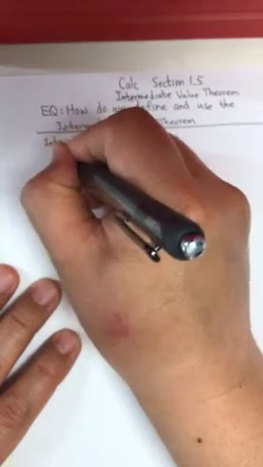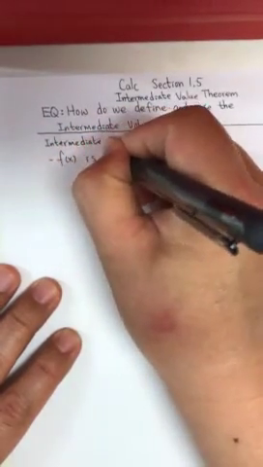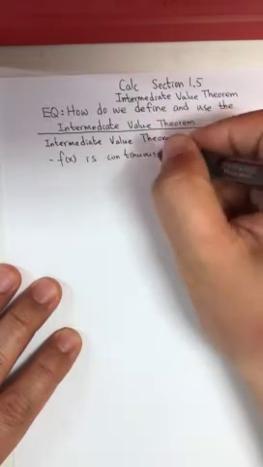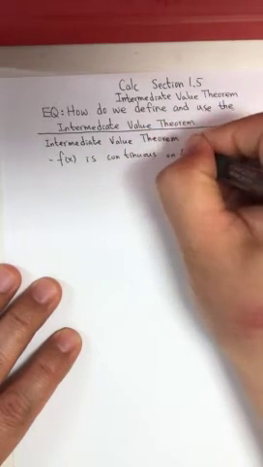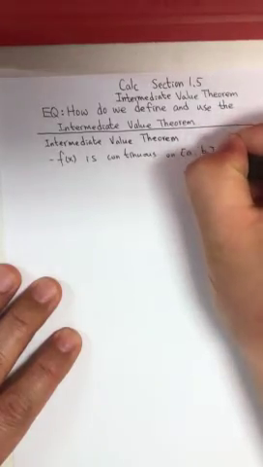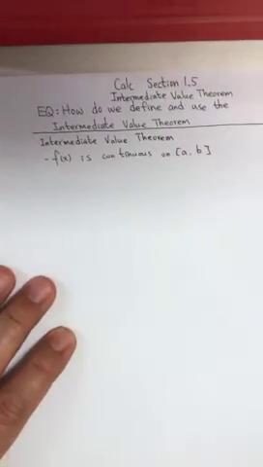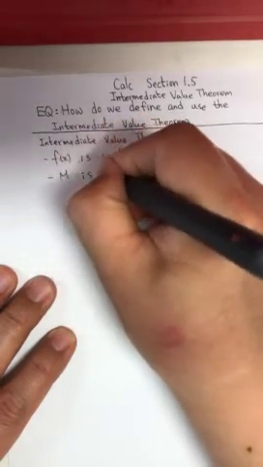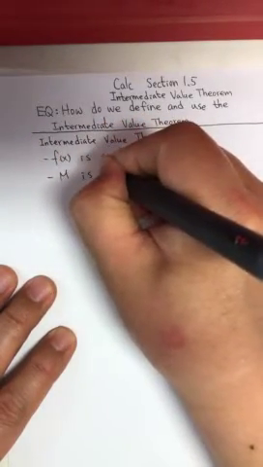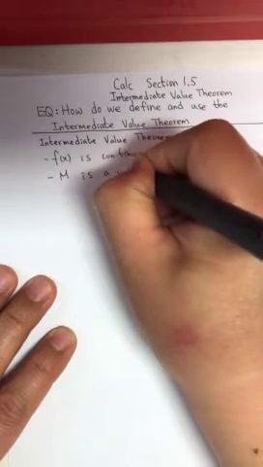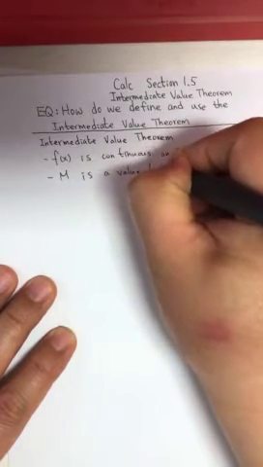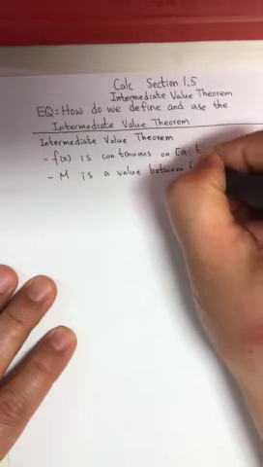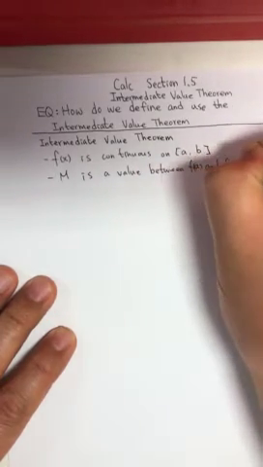Okay, so what's the intermediate value theorem? It states that f of x is continuous. So first, you have to show that the function is continuous between a and b. So between certain values a and b, the function is continuous, and m is a value between f of a and f of b.